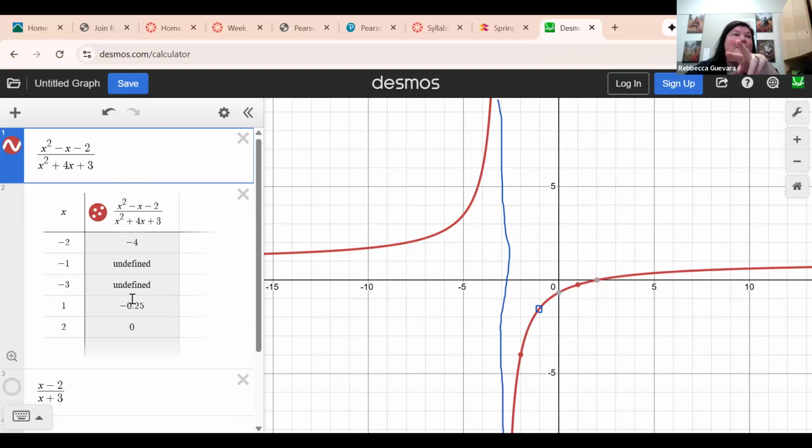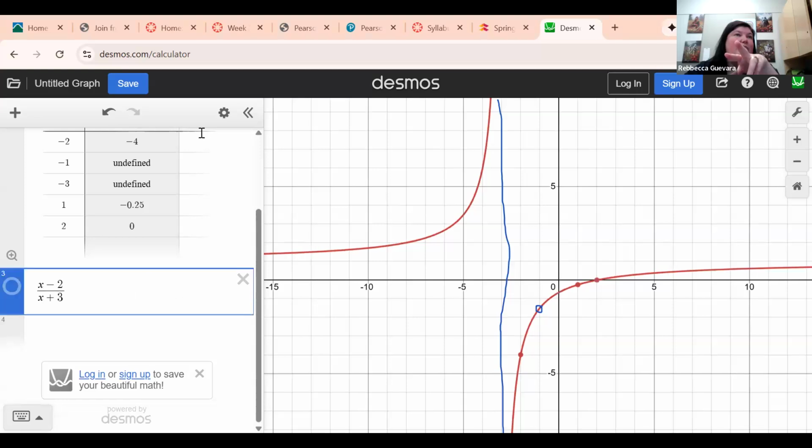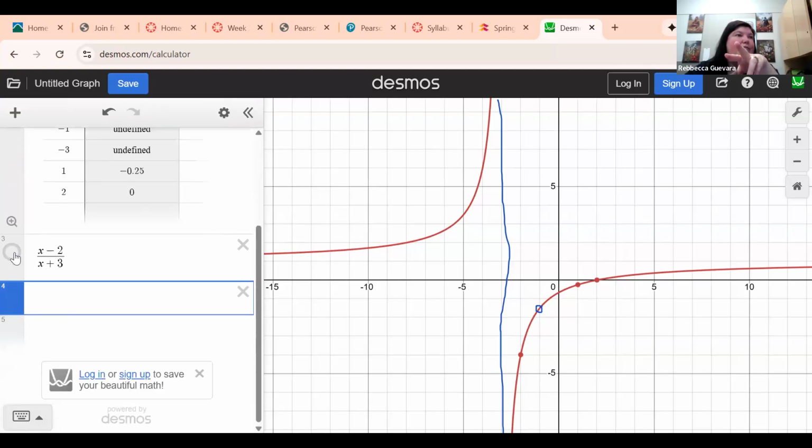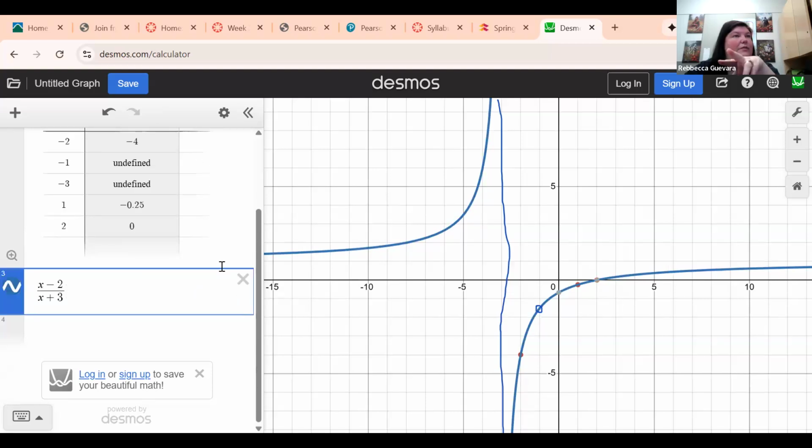Now, if we look at the other one, when it's blue, we still have that asymptote. But now, if you look at -1, it says there's a value there.